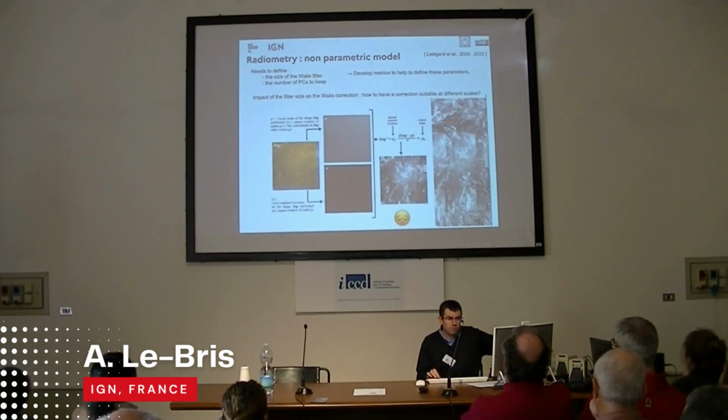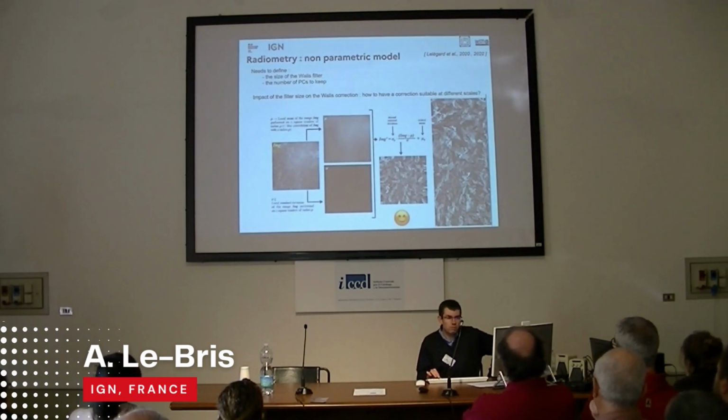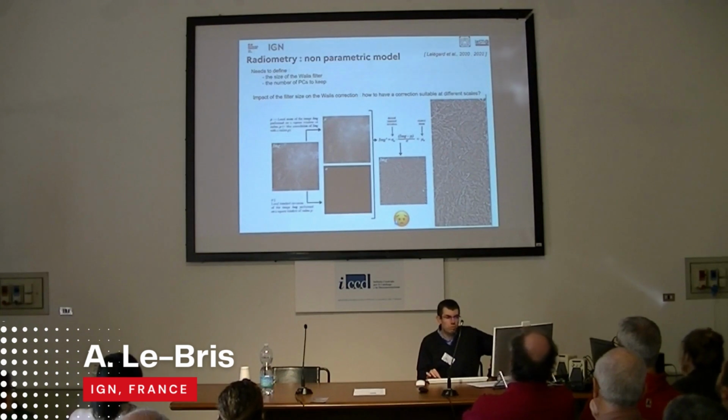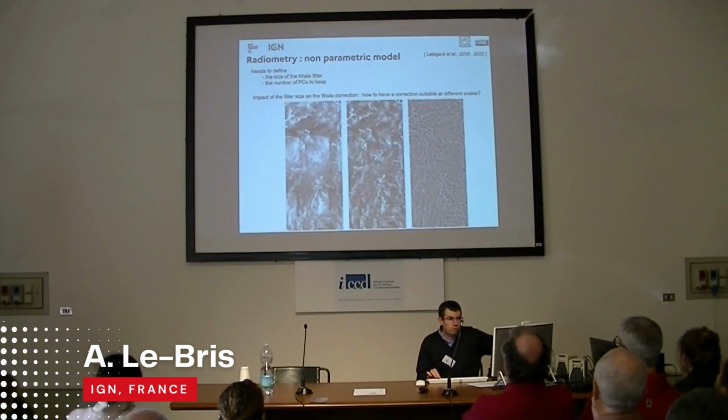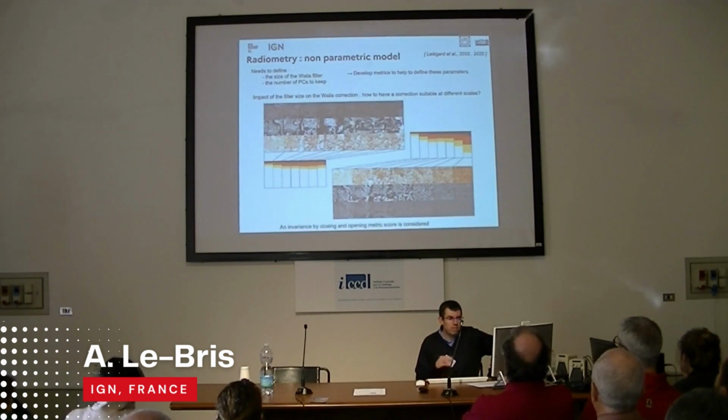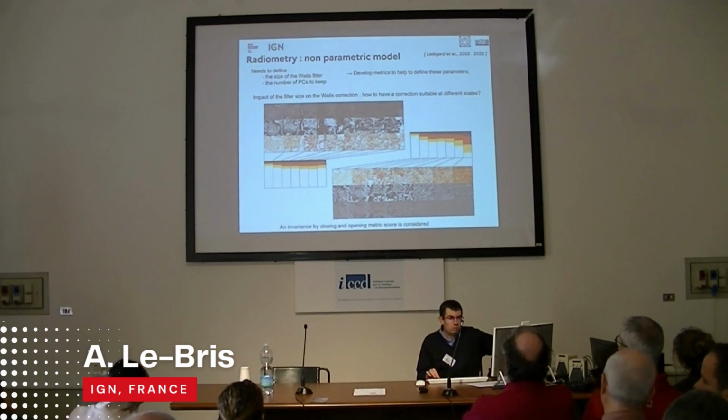When we have a too wide window considered to estimate this correction, it is not sufficient. Here we have the good size for the window, and here it is too small a size for this kind of correction. So we are currently trying to automatize the choice of the size of this window. Some metric has been defined. I won't go into details, but it's current work.